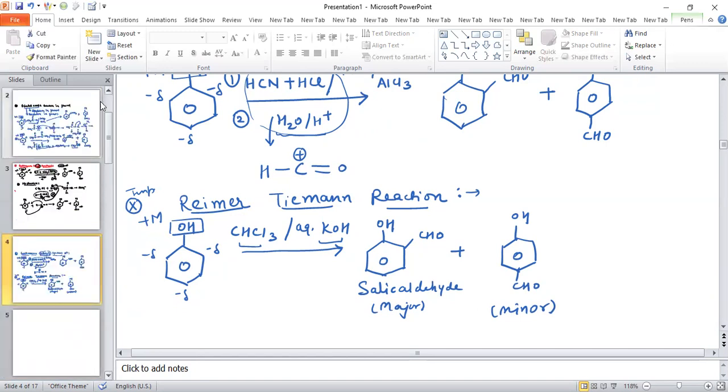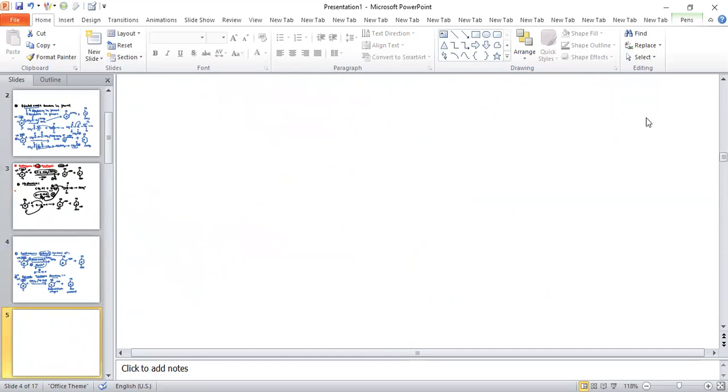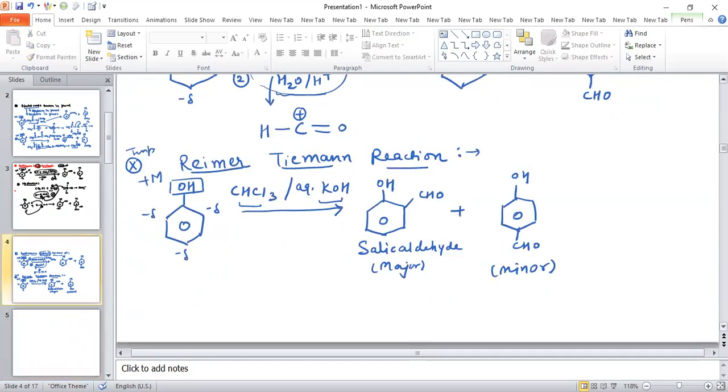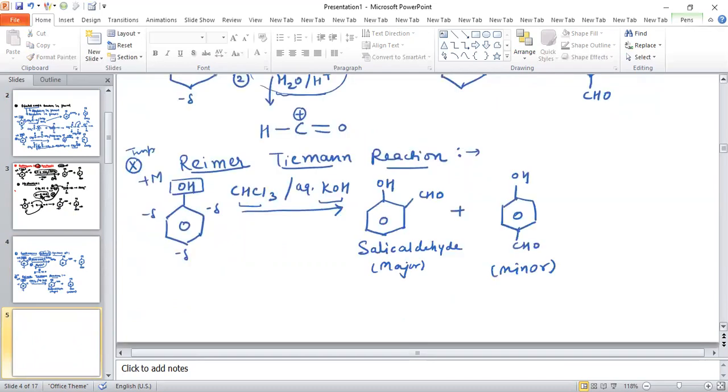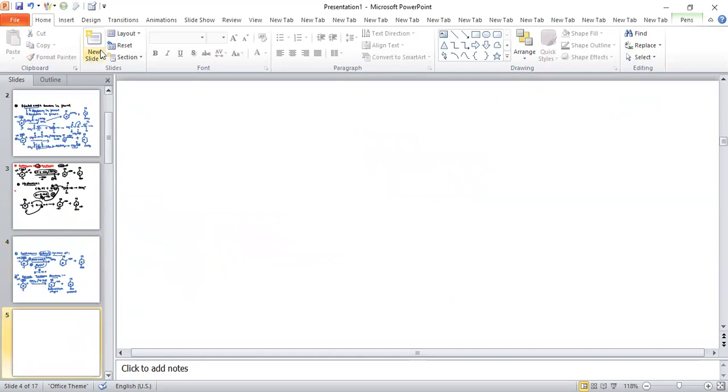I'm going to discuss with you the mechanism of this reaction, so you can easily identify it.